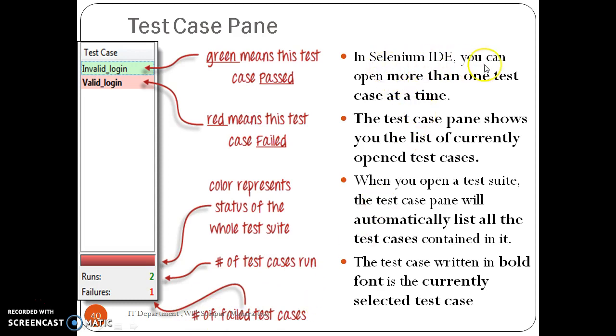In Selenium IDE you can open more than one test case at a time. The test case pane shows the list of all the currently open test cases. When you open a test suite, the test case pane automatically lists all the test cases contained in it, and the test case in bold font is currently selected.